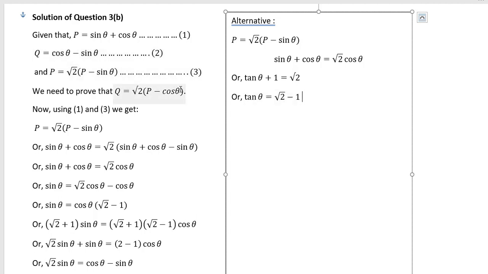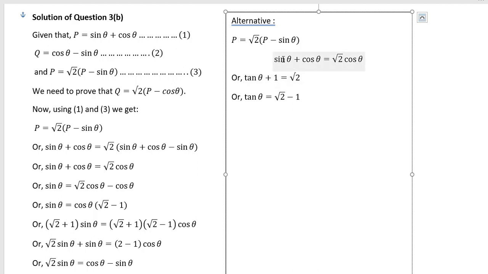So always we have cos theta and sin theta, and q can be converted into tan form, and also p can be converted into tan form. So tan is our key term to convert sin theta and cos theta at any time. We have converted two terms into one term, tan theta.